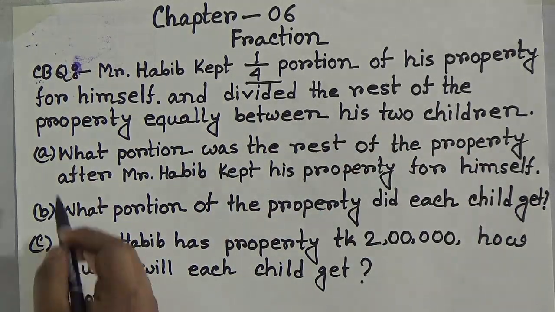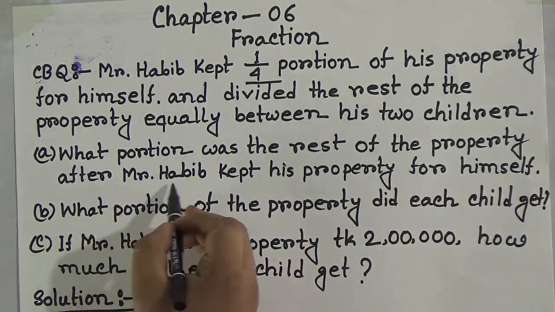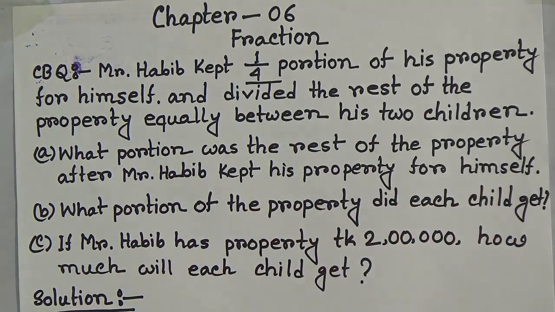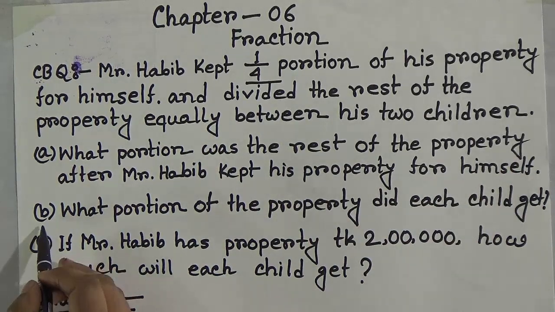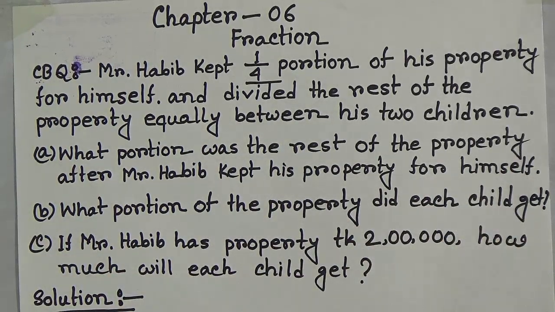So the first question is, what portion was the rest of the property after Mr. Habib kept his property for himself? Question B is, what portion of the property did each child get? Question C is, if Mr. Habib has property of taka 2 lakh, then how much will each child get?